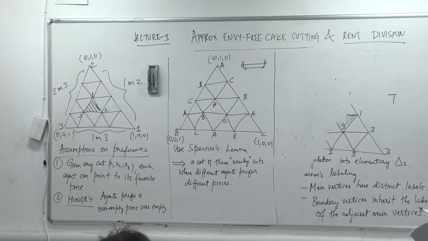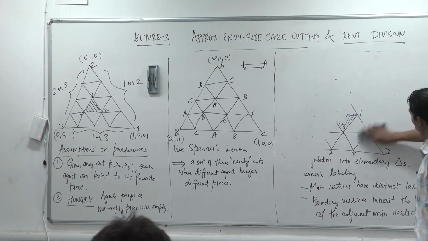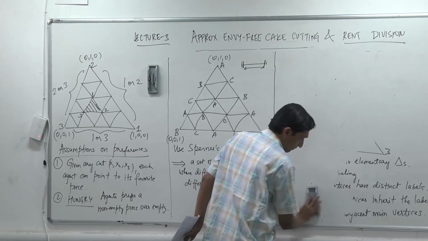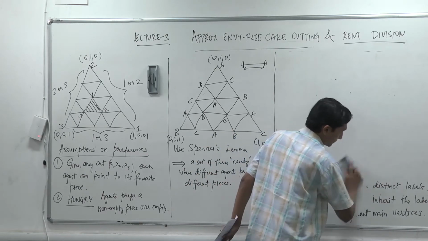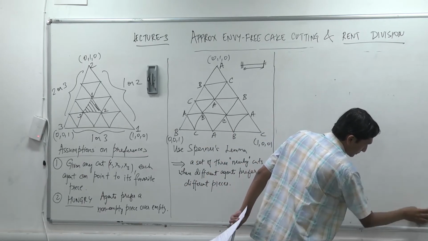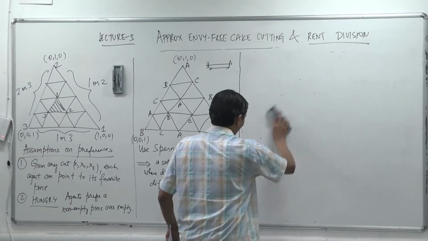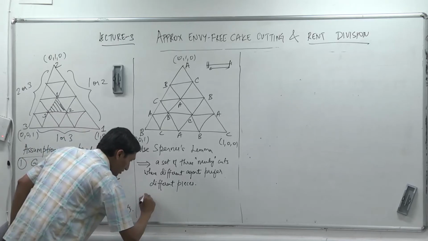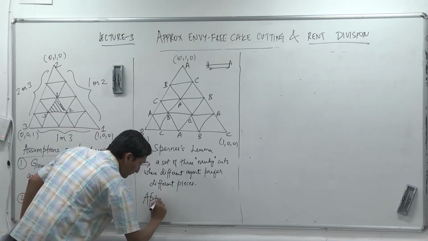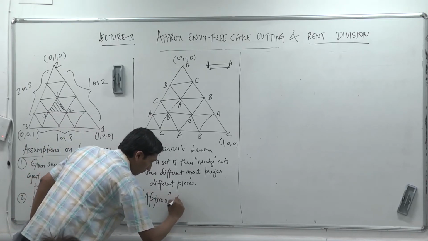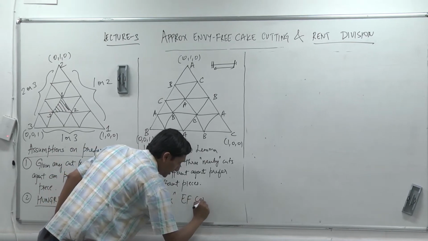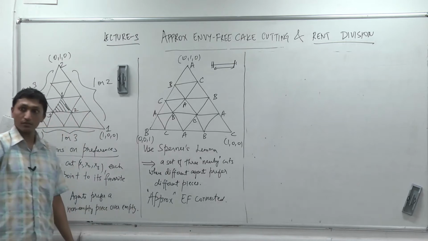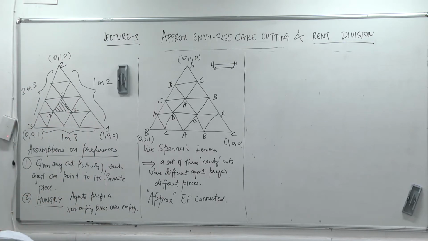Okay, I'll define what closed means. So by the way, this is what I mean by an approximate envy-free division. Envy-free connected division, by the way. So note that connectedness is ensured by our construction, right?